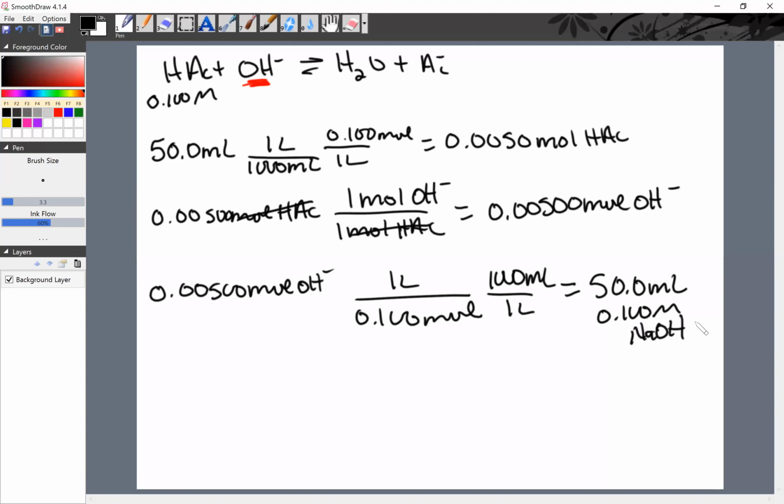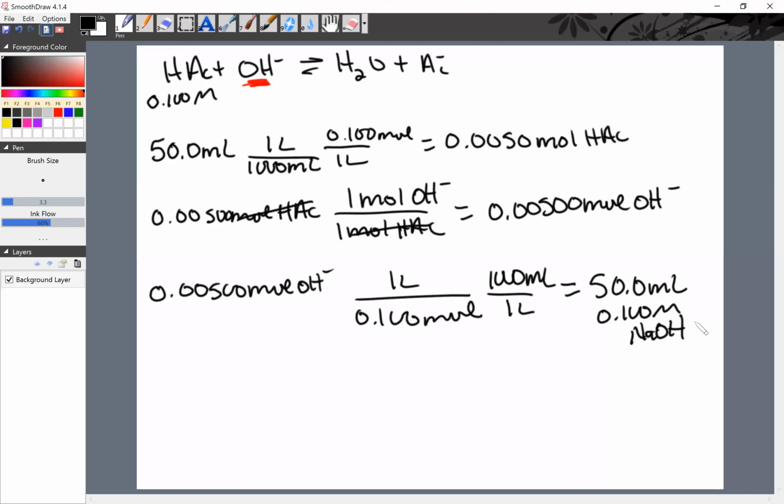In this case, because it was 1 to 1, and they had the same concentrations, I need the exact same milliliters. Okay? Anybody have a question on that? No. Okay.